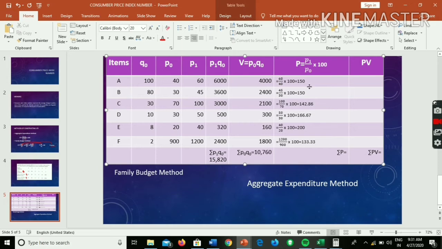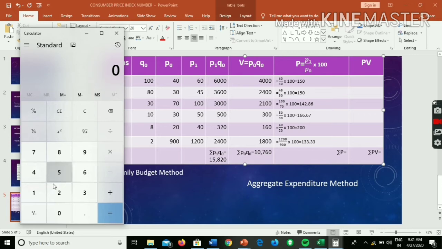Now to find the value of sigma p, so that is 150 plus 150 plus 142.86 plus 166.67 plus 200 plus 133.33.